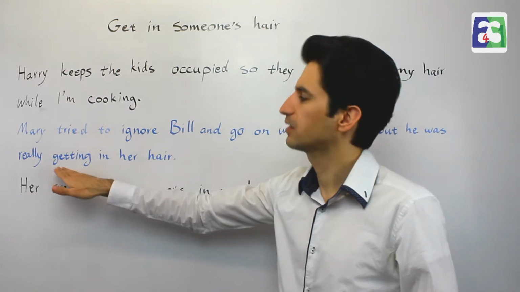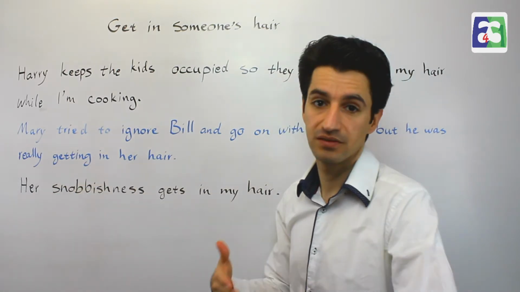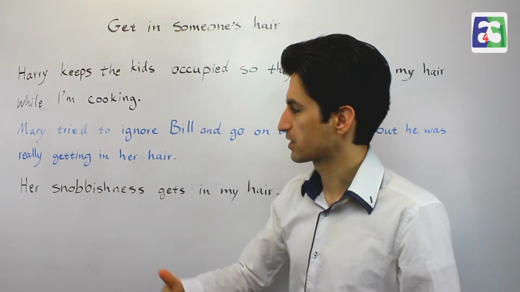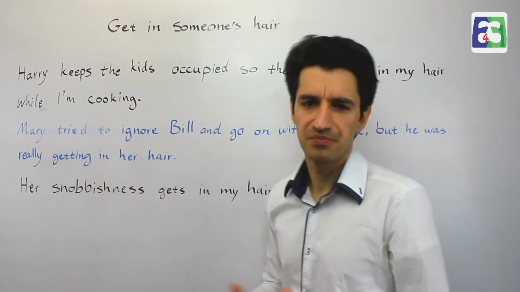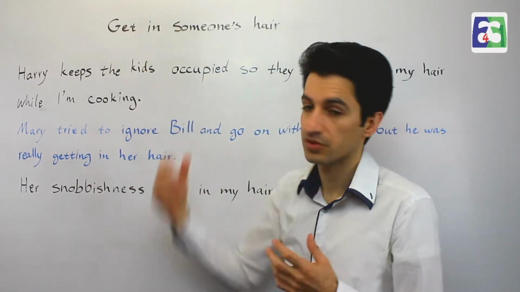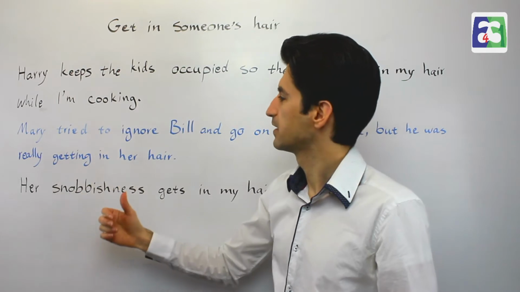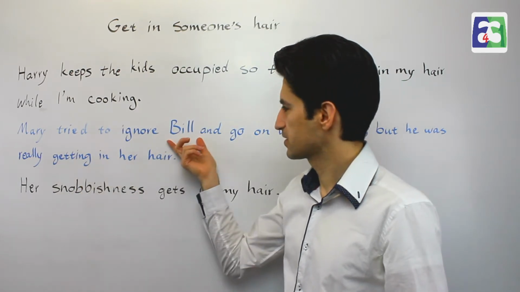As you can see over here, getting has changed because of the past progressive tense. As I told you, this is the verb, so it can change because of the tense. So Bill is there.